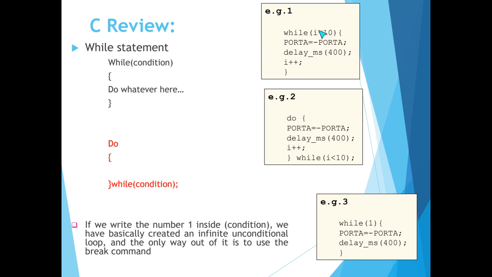while the condition I is less than 10, curly braces, as you see, the body: port A is equal minus port A, semicolon, then delay underline millisecond. The value of delay is written inside parentheses, and it is in terms of milliseconds.